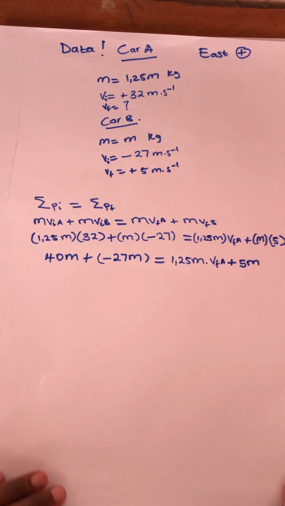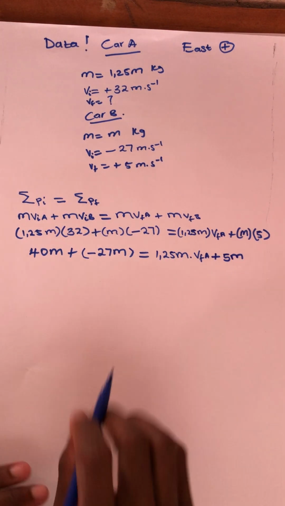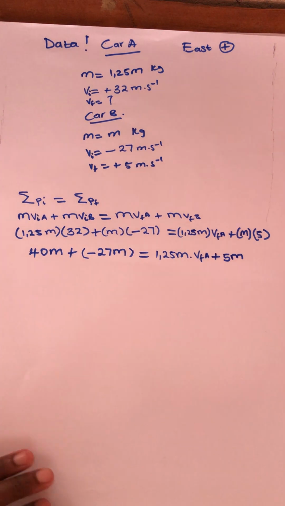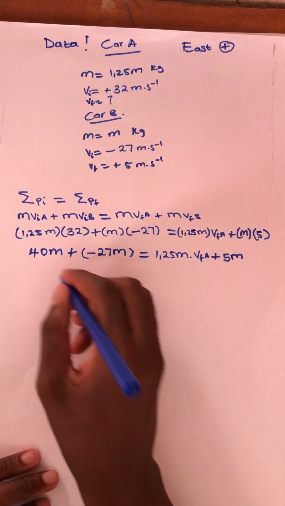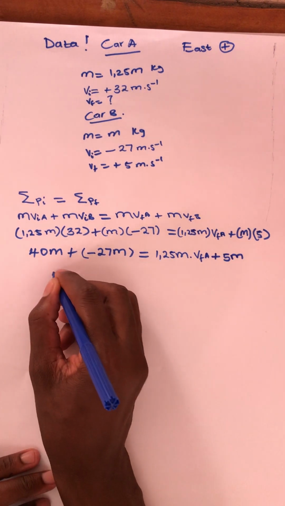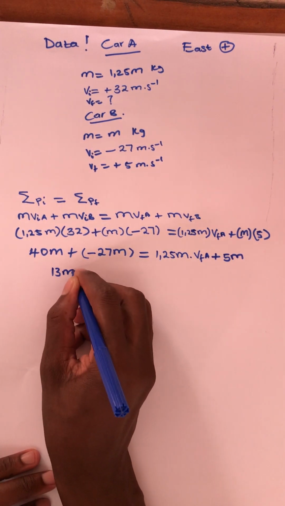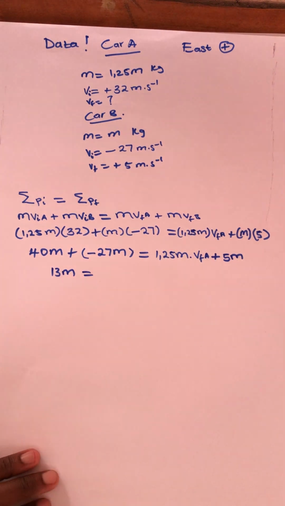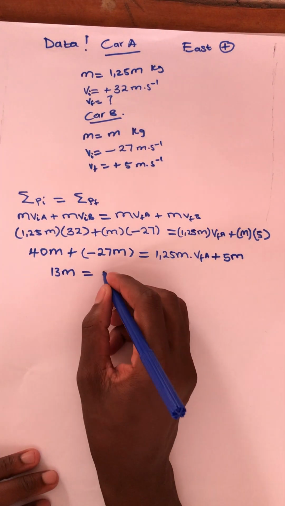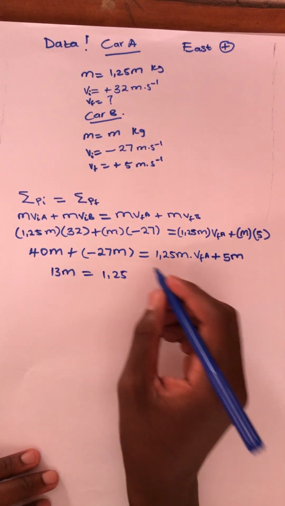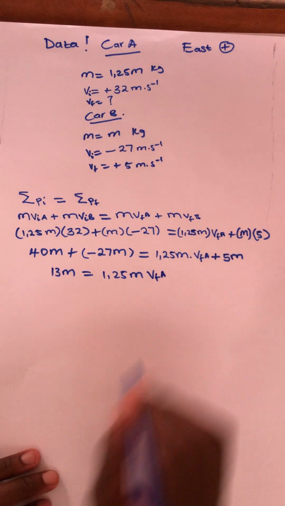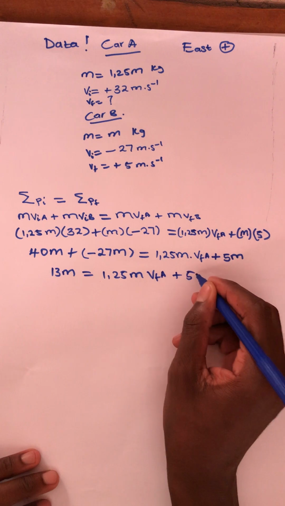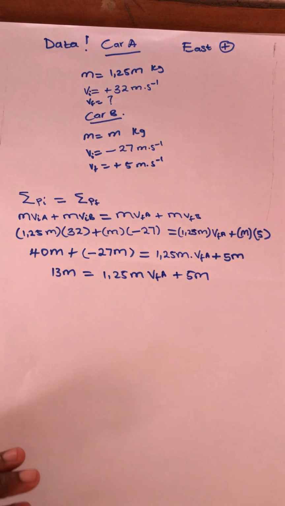Now 40 minus 27 gives us 13, so 13m equals 1.25 m VFA plus 5m.